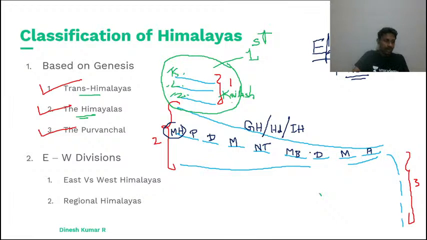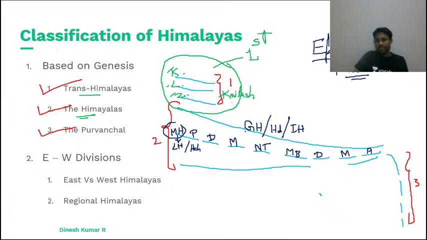These are the different parts of the Middle Himalayas that I have to study. This Middle Himalaya is sometimes also referred to as the Lesser Himalayas, also referred to as Himachal.